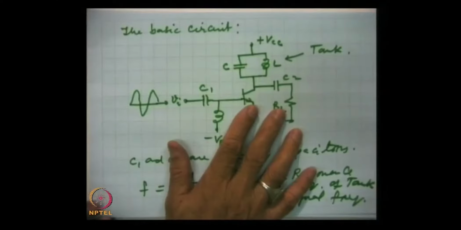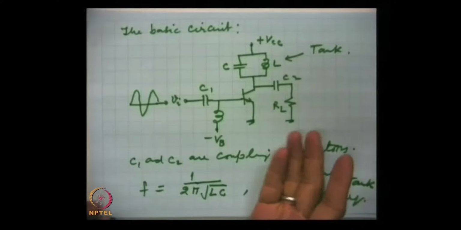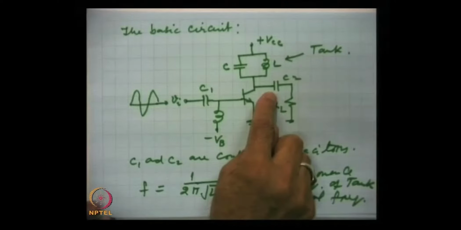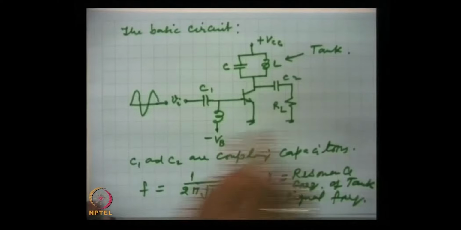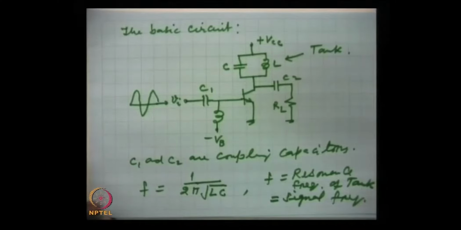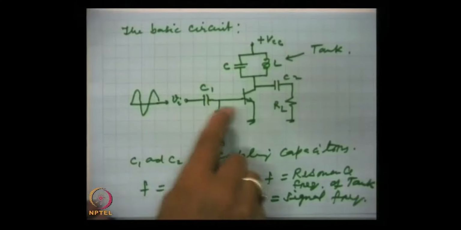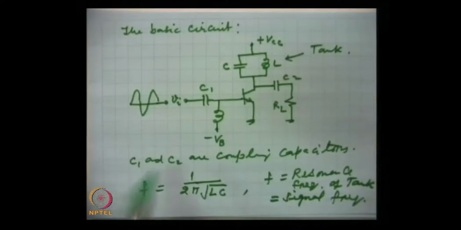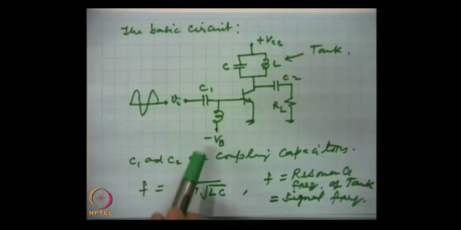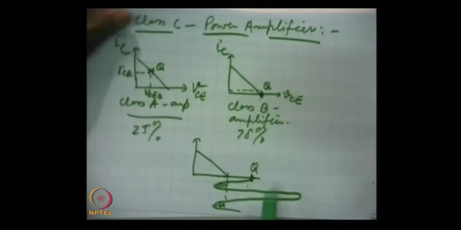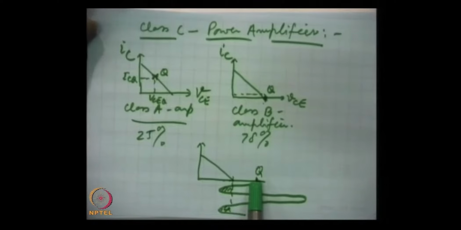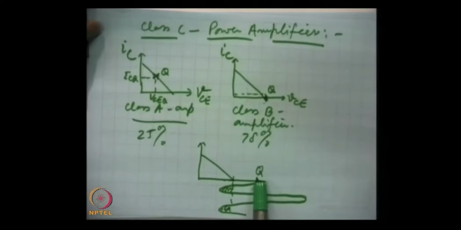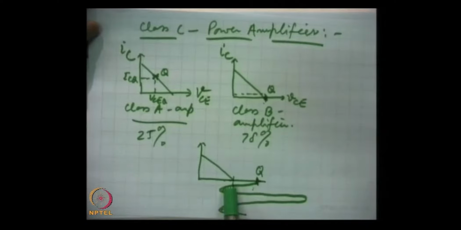Now, this is basically a common emitter circuit, and we are taking the power from the collector, giving the input signal at the emitter and base. And the important thing here is, as I mentioned, that in class C we bias much away from the cutoff point.